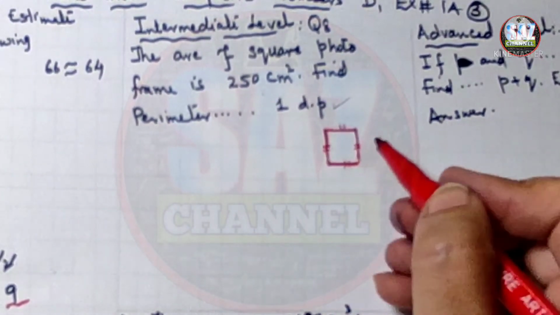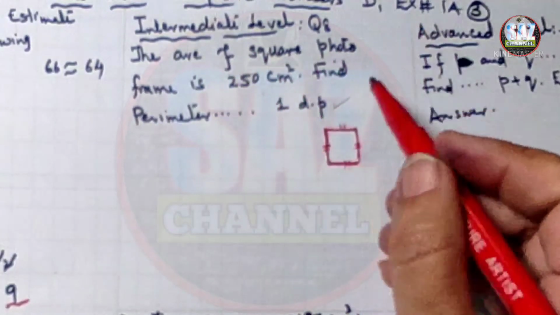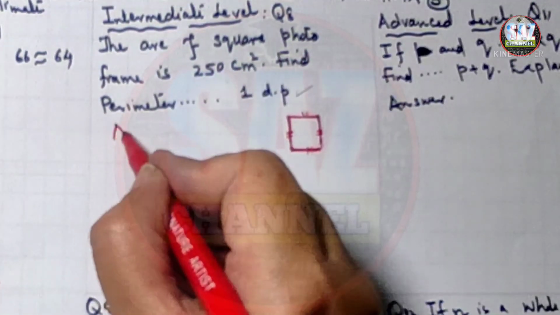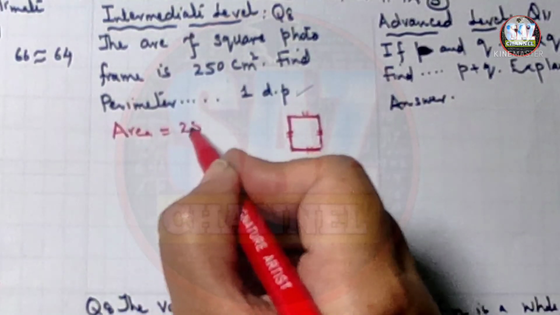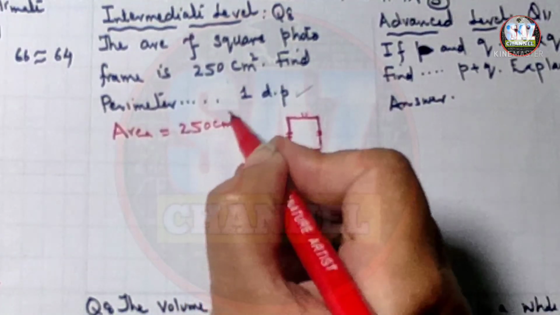And we are given the information with the area. So area equals 250 centimeters square.